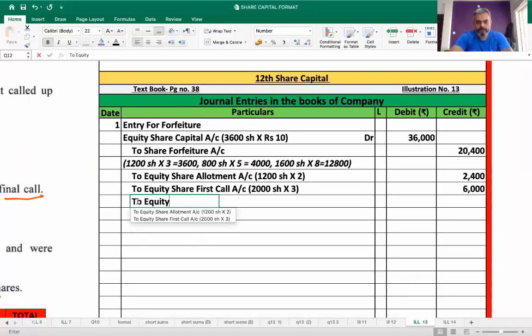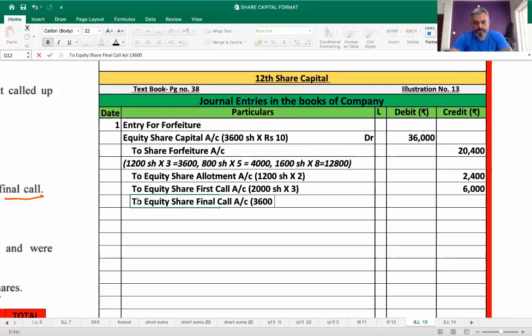To equity share final call, 3600 into rupees 2 per share, 7200. Let's verify. Yes. Close the entry.